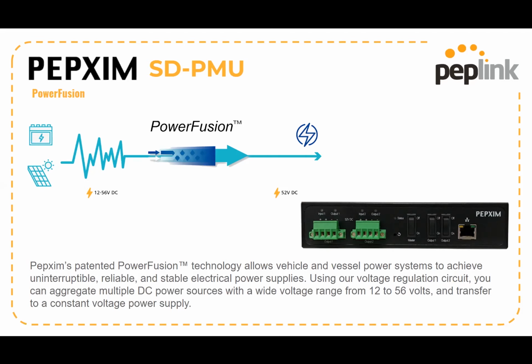What it does is allow you to connect different power supplies or sources, aggregate them, and provide stable and steady power to all DC power devices in that network. Using our voltage regulation circuit, you can aggregate multiple DC power sources with a wide range of voltages from 12 to 56 and transfer to a constant voltage power supply.